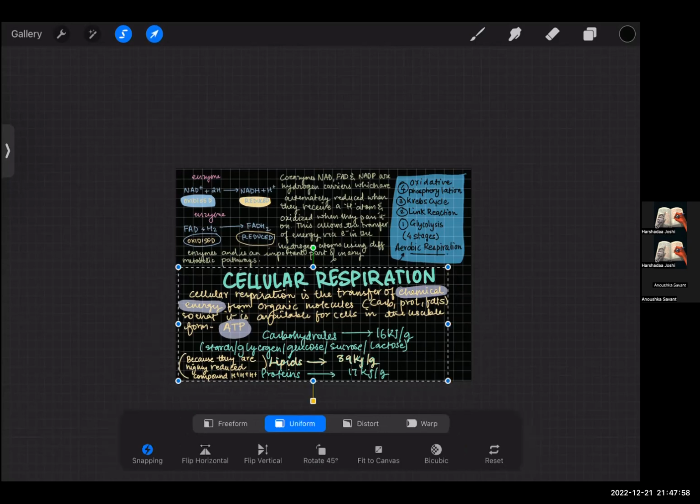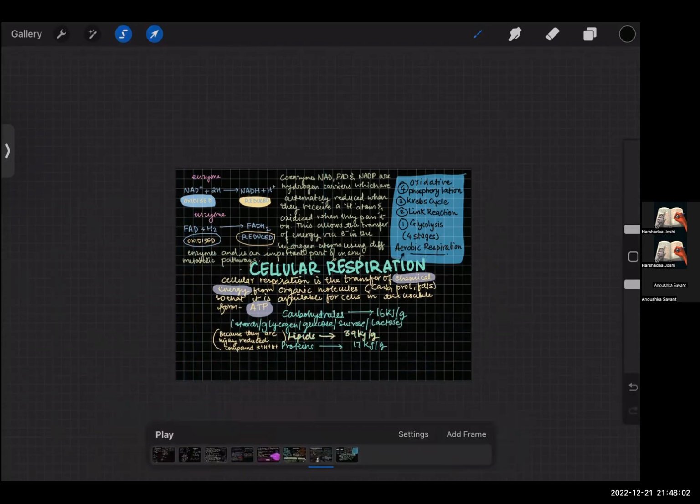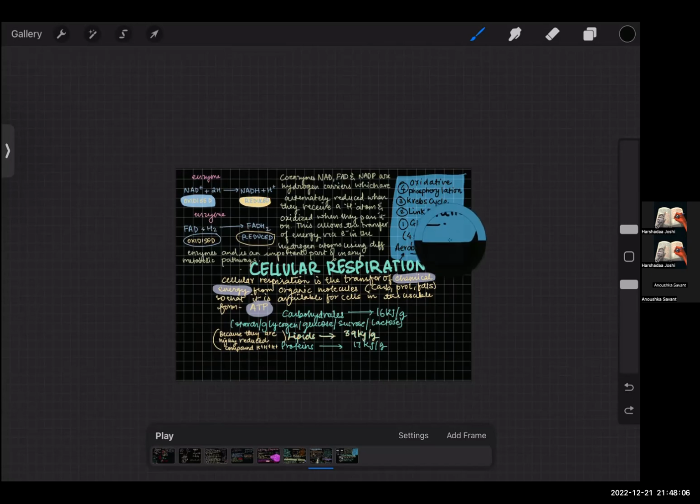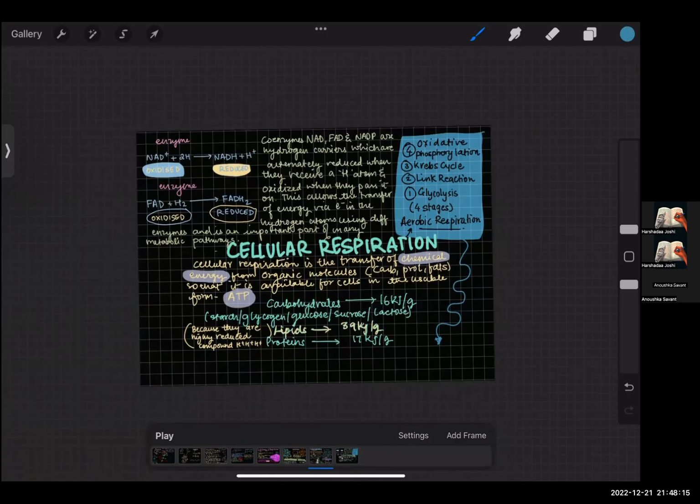And with this aerobic respiration, you will notice that the amount of ATP produced is going to be really, really high. And using these high energy molecules like ATP, you are going to be able to survive.